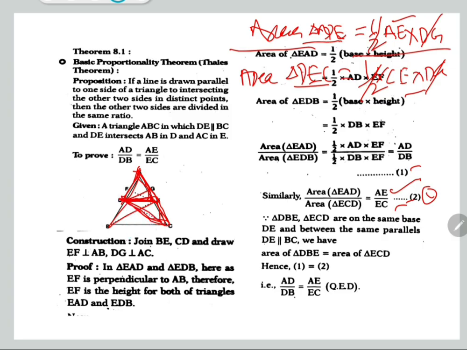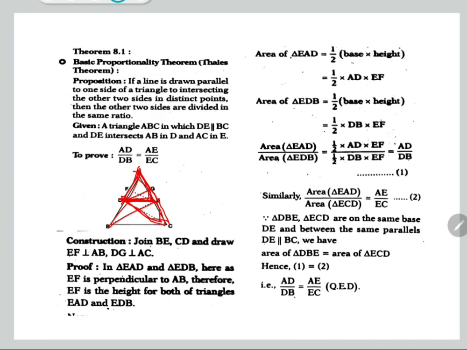Both are same, because the triangle BDE is, the base is DE, and DCE base is also same, DE. In the parallel, these two vertices in the same parallel line, DE and BC both are parallel lines. These triangles are with base DE, two triangles are there, so its area is also equal.